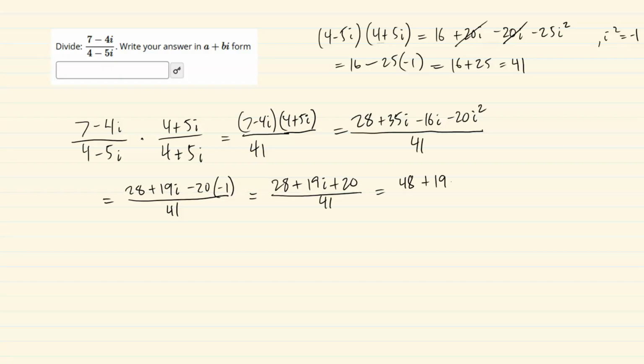plus 19i over 41. And then remember, we want it in the form a plus bi, so we're not quite done yet. Notice that if we have a fraction like this, we can separate it like this: 48 over 41 plus 19i over 41.